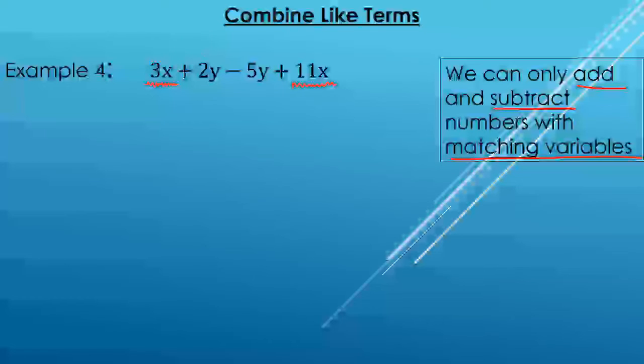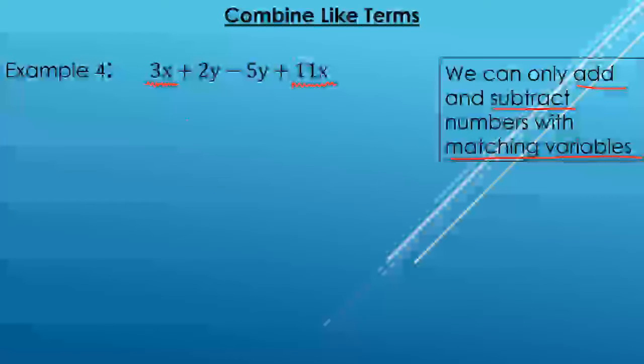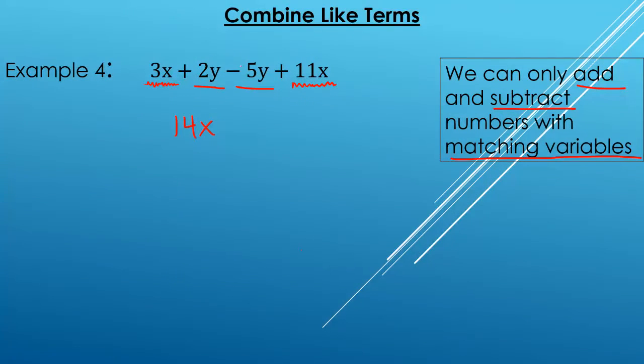So let's just focus on the x's. We'll come back to the y's. So 3x's plus 11x's. It's like saying 3 plus 11. 14 x's. Don't forget to bring that x with it, with your answer. And now for the y's. I scan through, I see 2y numbers. So 2y's minus 5y's, negative 3y's left over.